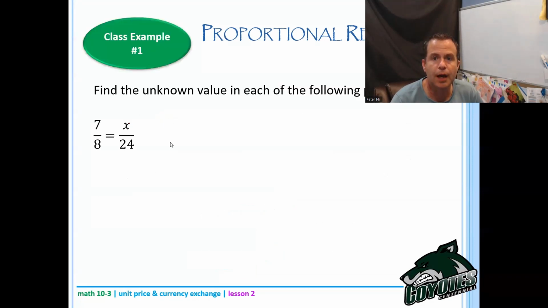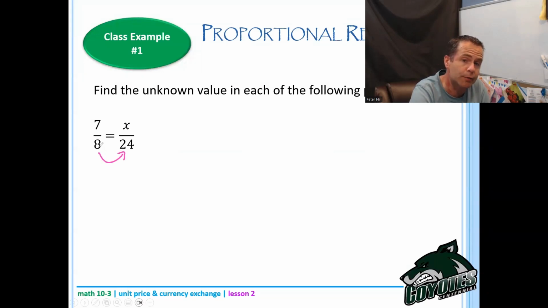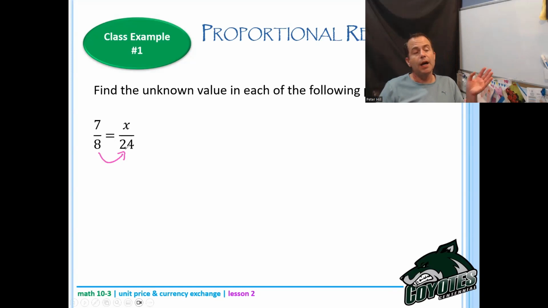Find the unknown value in each of the following proportions. We're going to go through both methods. The first thing I might want to ask myself is, how do I go from 8 to 24? Just for clarification, when we say, how do I do this, we are always thinking about multiplication or division. We're never thinking about addition or subtraction.